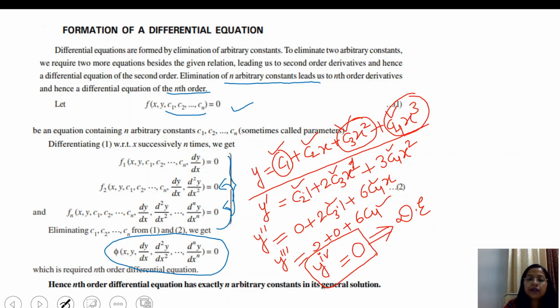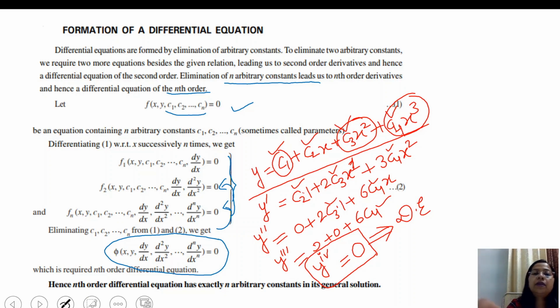Another method is also there, following which we can form a differential equation once again, and that is known as the method of formation of a differential equation by removing arbitrary functions.